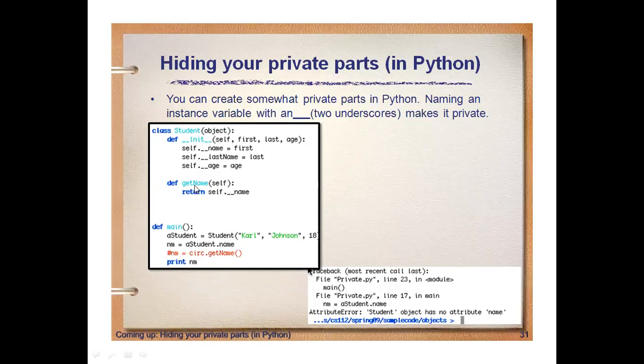This means even though I can call this particular name from here, I cannot access this particular variable from it, right? Is this seen right? Whenever I try to run this program, I'm not able to access or pass these values Carl, Johnson or 18. That is, first name is Carl, last name is Johnson, and age is 18. I cannot pass these parameters from this particular function because all my parameters are private, right? Similarly, what happens with the function? Let's see it one more time.